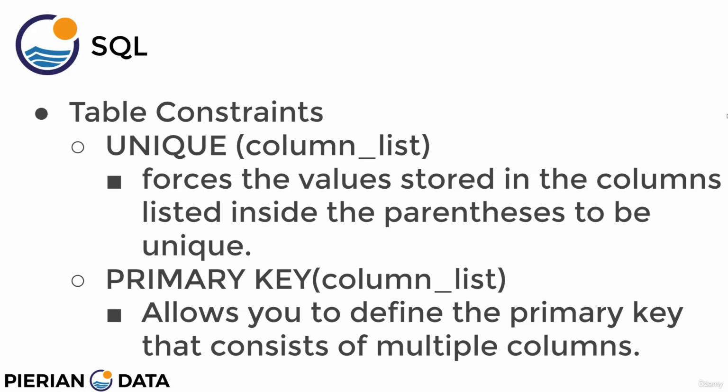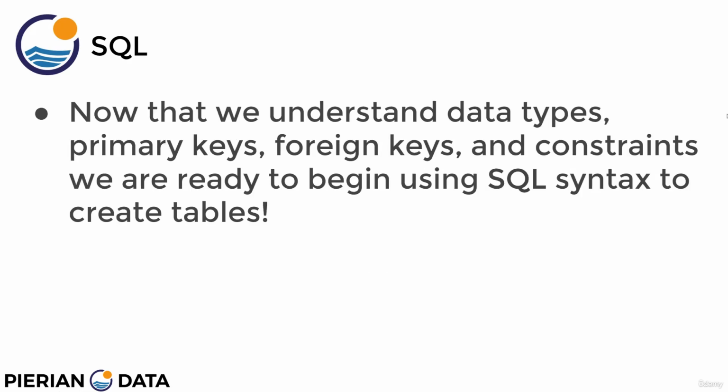You can also do primary key on multiple columns, so it allows you to define a primary key that consists of multiple columns. Typically, when you're starting off, there's usually just one primary key column per table, but you can have multiple primary key columns per table. And if you wanted to set that up, you could do it using a table constraint, which is passing in multiple columns into this column list along with primary key.